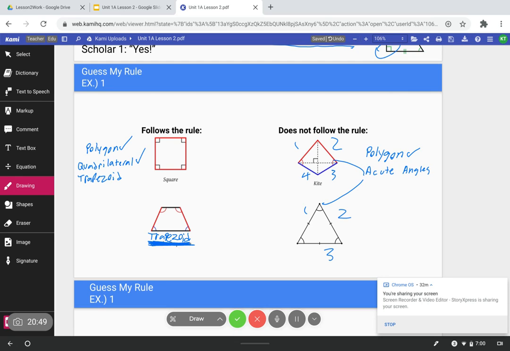And they are both trapezoids because they both have at least one pair of parallel lines. Again, the black lines are parallel for the trapezoid, and the square has two actually, but they both have at least one pair of parallel lines, so trapezoid. Only the square is a parallelogram.